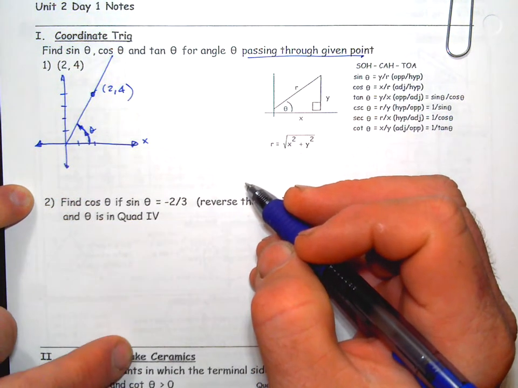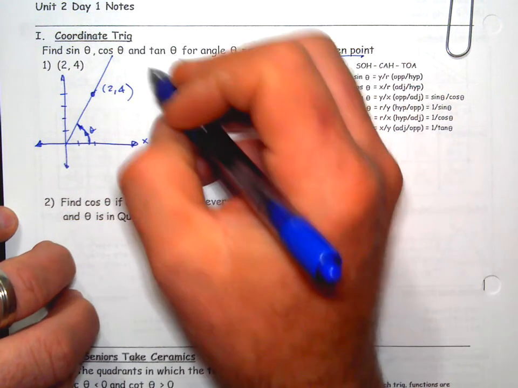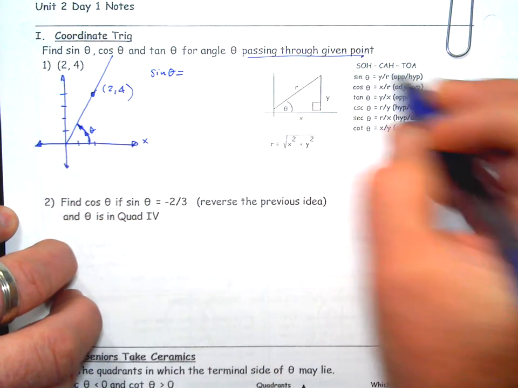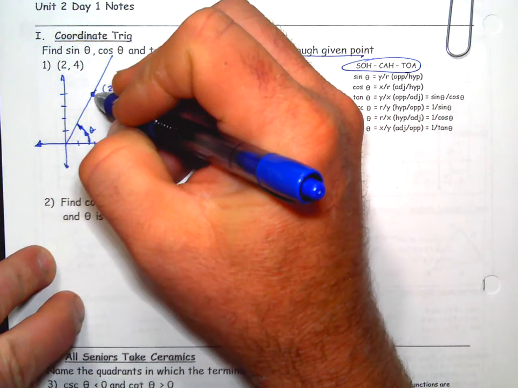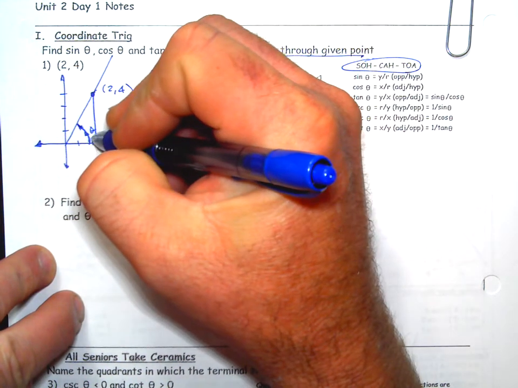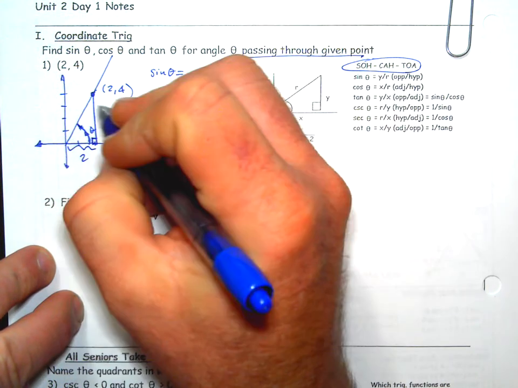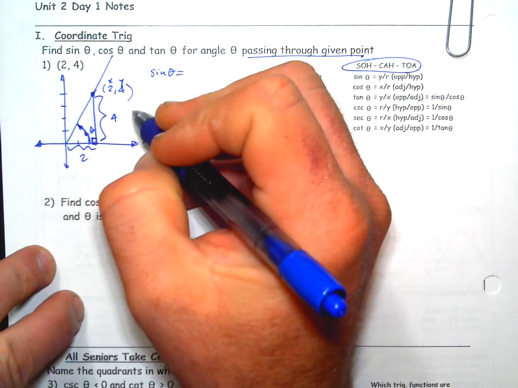And we want to find sine, cosine, and tangent of that angle. So sine of theta equals, and so we have SOHCAHTOA, sine is opposite over hypotenuse. So what we're going to do is draw a right triangle in. And this side is 2, and this side is 4, because this is the x value and the y value.